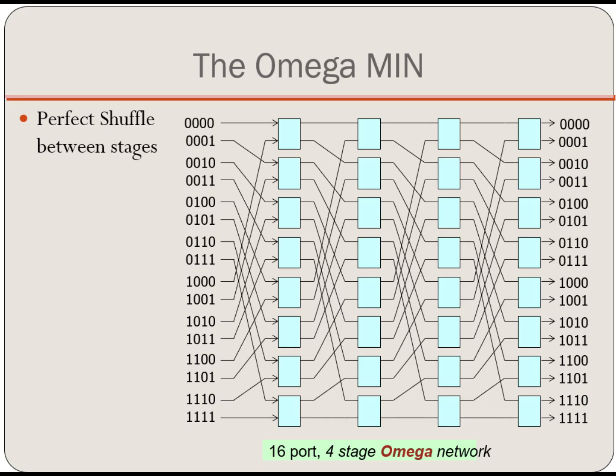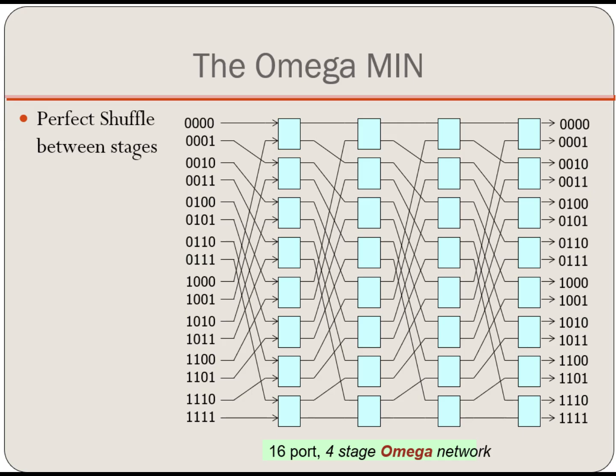Shuffle means, like when you shuffle cards, you cut the deck into 2 halves and then shuffle them together, so the new distribution will be something like this. So this link represents a perfect shuffle operation.